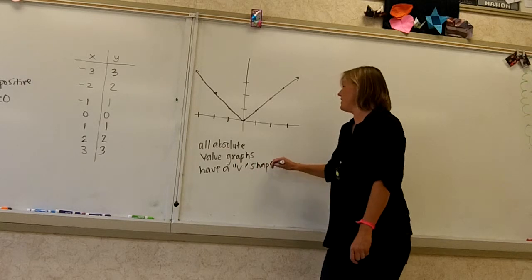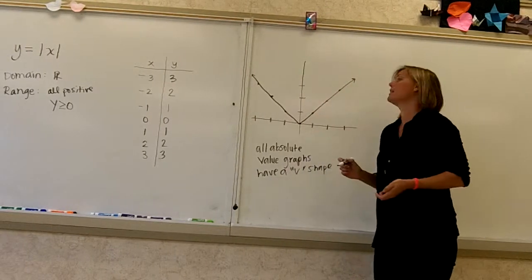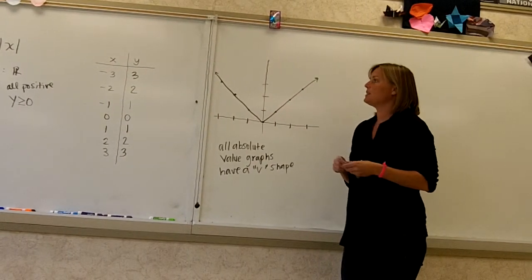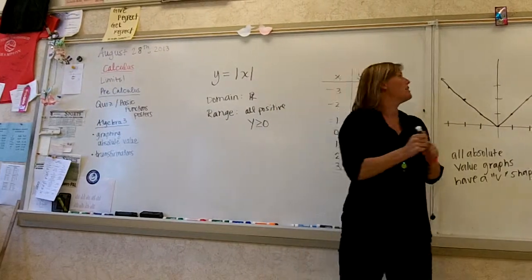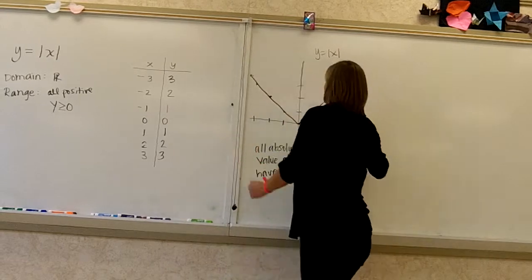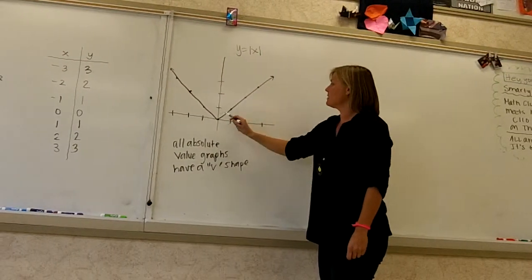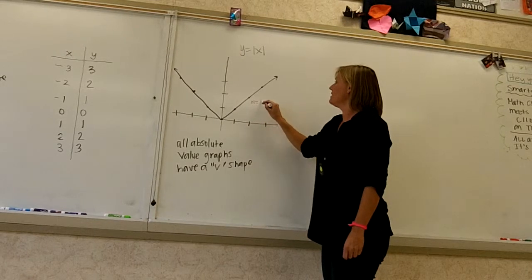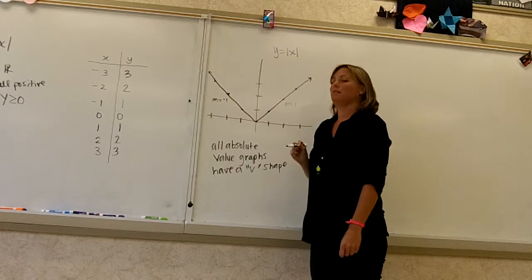And you can remember V because value starts with V, so they're always going to be shaped like a V. If you think about this, we started off with just y is equal to the absolute value of x. My slope here on the right is 1. But on the left-hand side, my slope is -1.